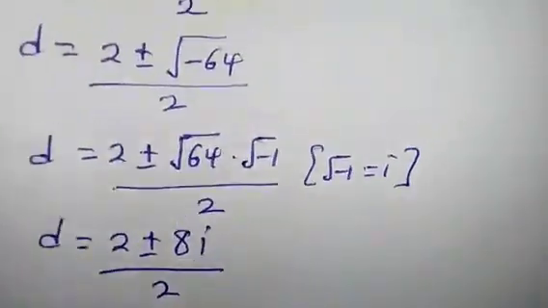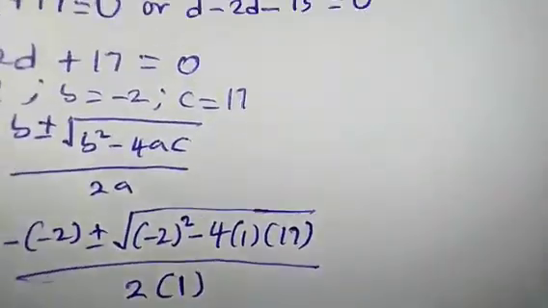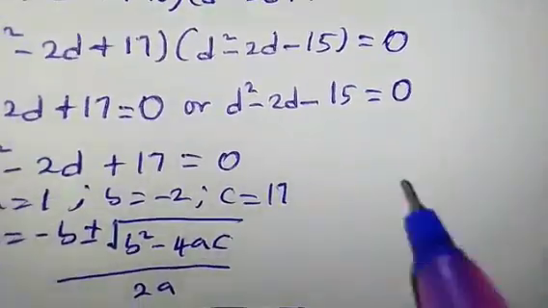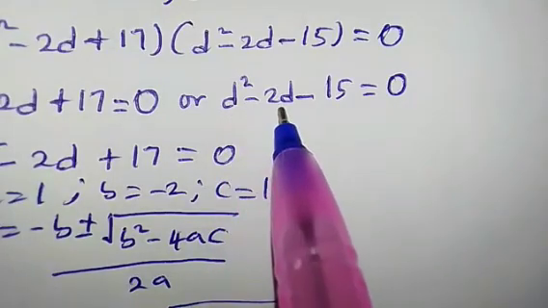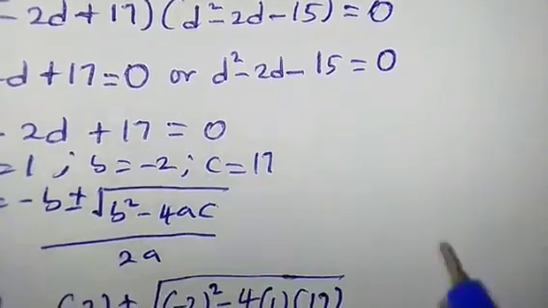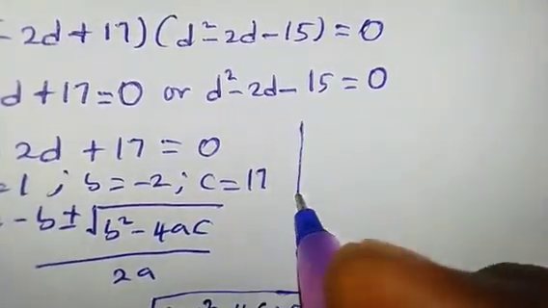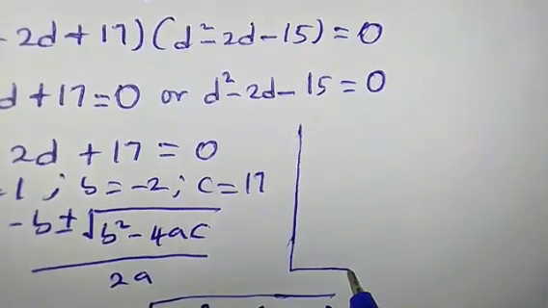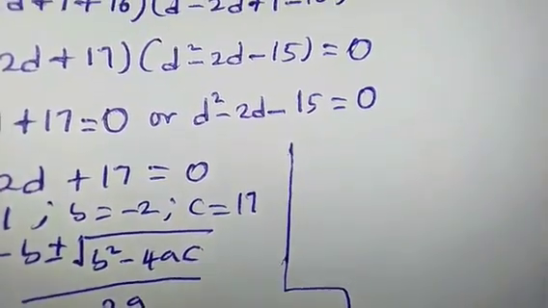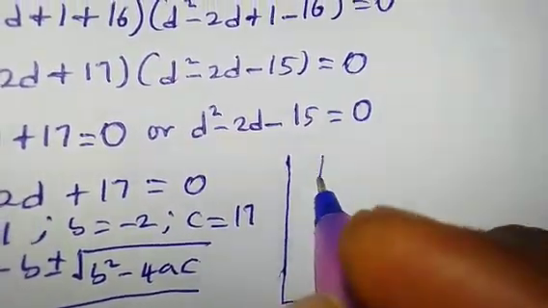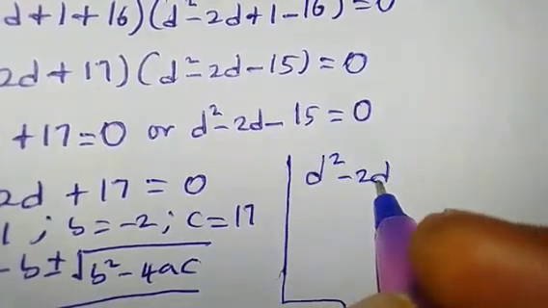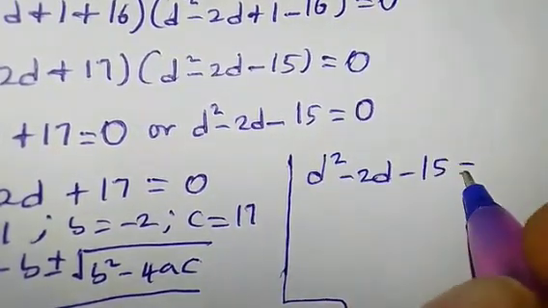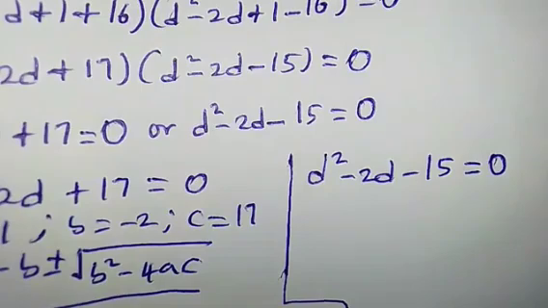Now, let's solve the other quadratic equation, which is this one, d^2 − 2d − 15. So let's manage this side. We have d^2 − 2d − 15 equal to 0.